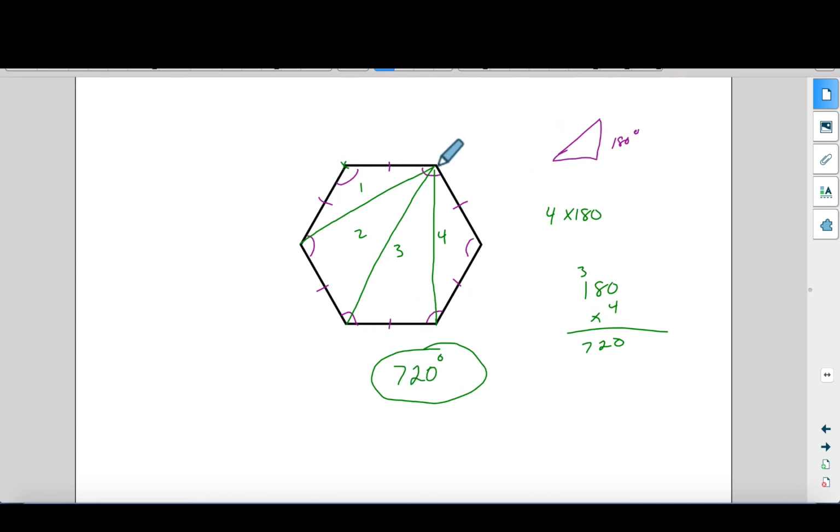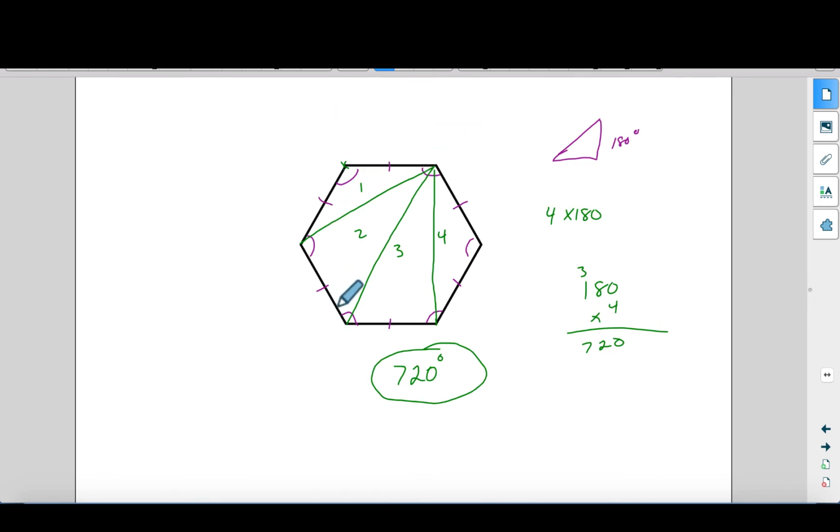One other concept that they teach you in this particular section is for each of those angles, let me go back to this one. If we have 6 angles, and the total is 720 degrees, we can divide 720 by 6 and come up with every single angle that is represented here.